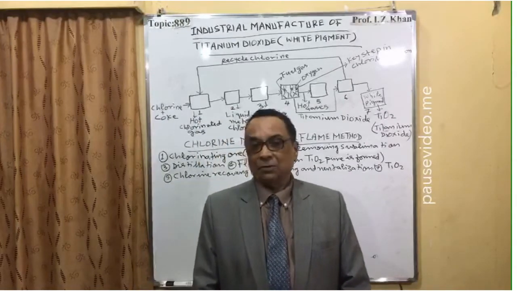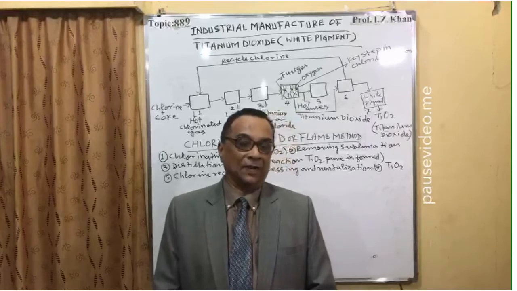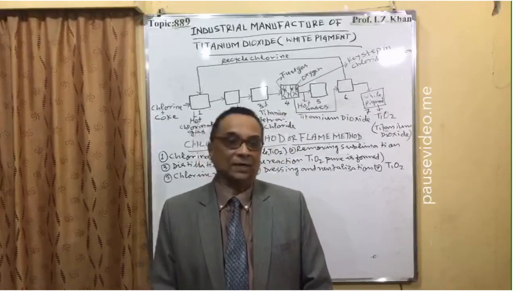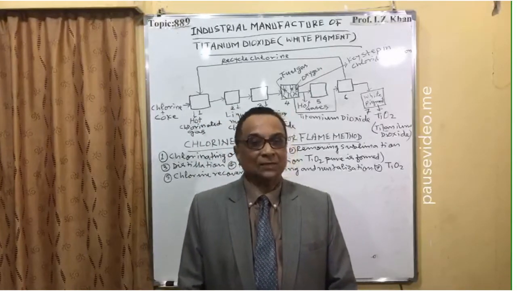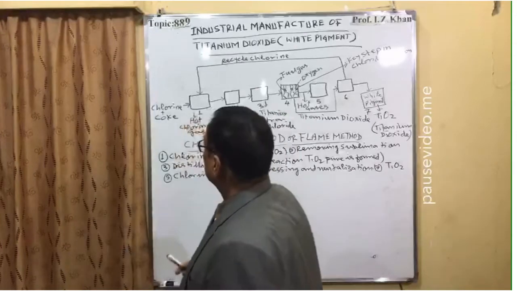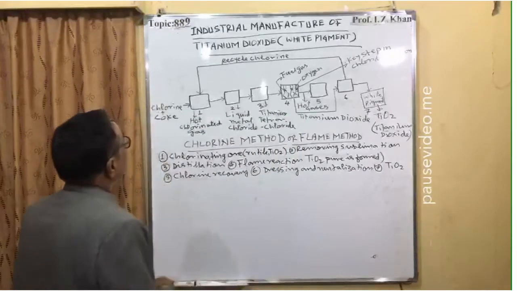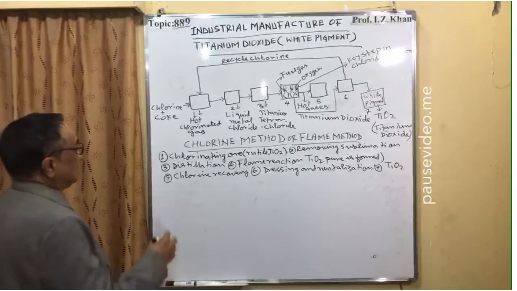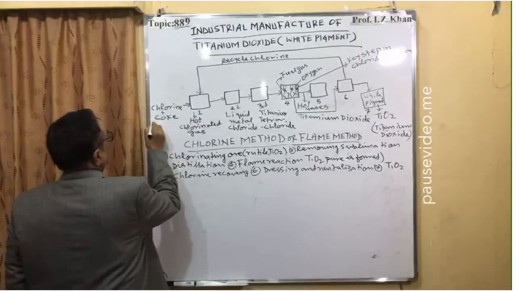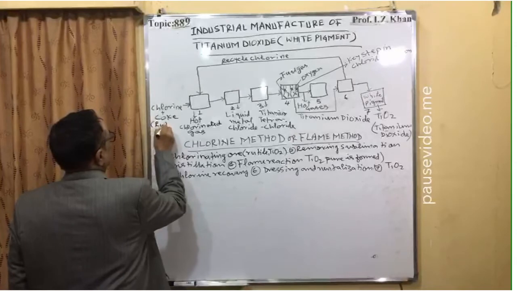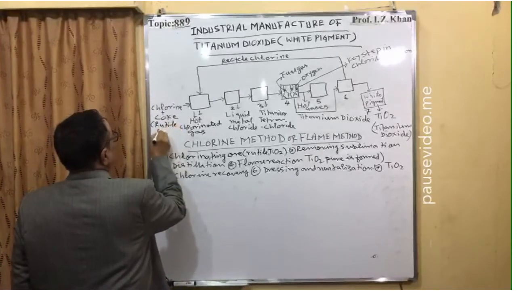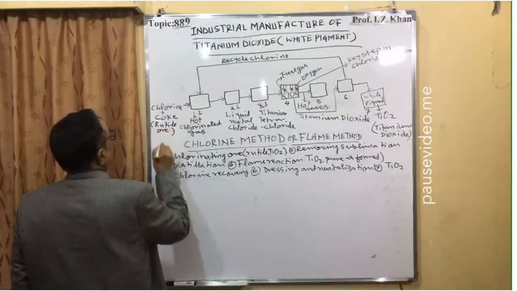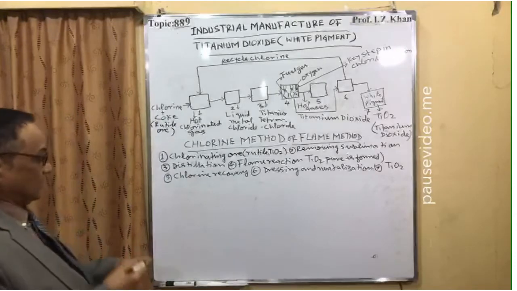So first I will be discussing the flame or chlorine method. In this chlorine method I have given the scale diagram here, these chambers, and this is the first chamber. Actually the rutile ore is put along with coke and chlorine gas.